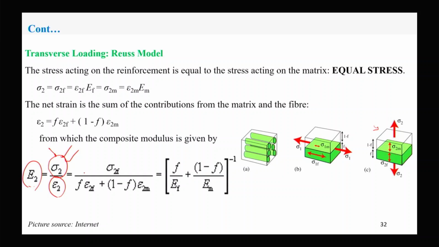So this is equal stress, so stress on composite is nothing but stress on the fiber, sigma 2f, divided by epsilon 2, that epsilon 2 means strain on the composite which has got two components, fiber strain and matrix strain. So that is replaced here, and from there we can get this relationship. Okay.